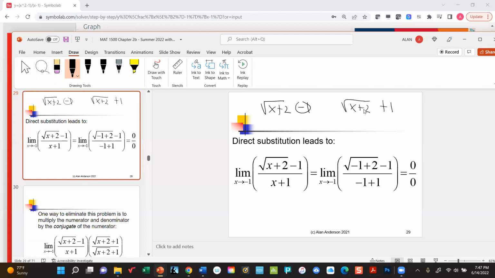If I multiply these together, what's going to happen is I'm going to wind up with x plus 2 squared minus 1 squared, which means x plus 2 minus 1, or x plus 1. Now, you know that you're allowed to multiply any number by the ratio of any other number as long as that ratio is the same in the numerator and the denominator.